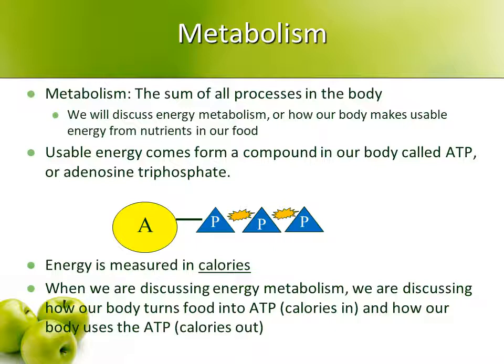What our body does is it takes nutrients from our food. It goes through several cycles, and that's what you're going to be getting an overview of today. It will add a phosphate group onto this compound to make the ATP, and it captures energy in that bond when it forms.